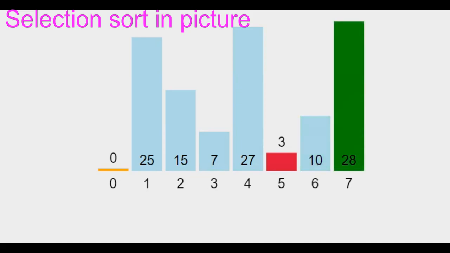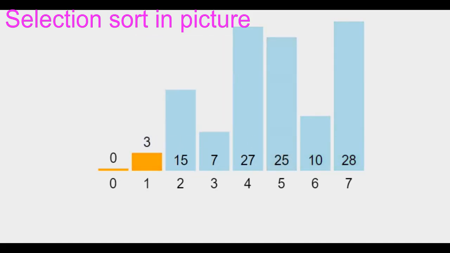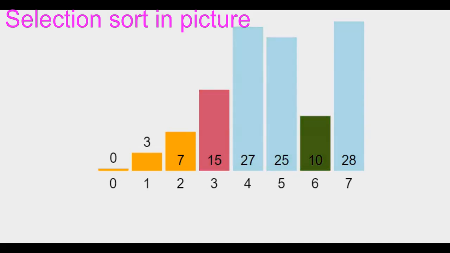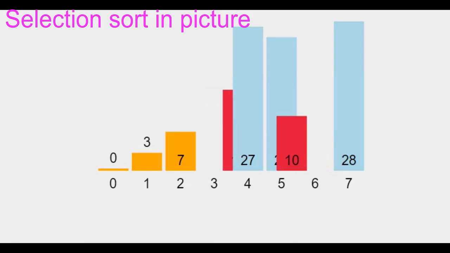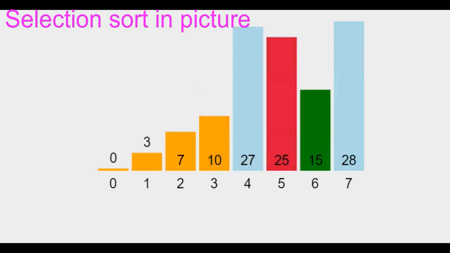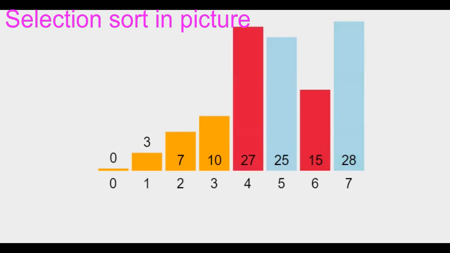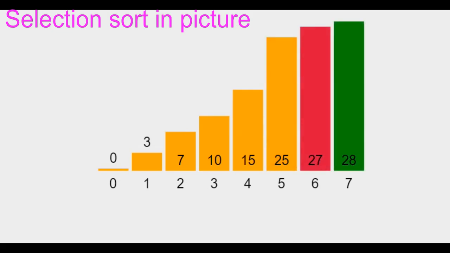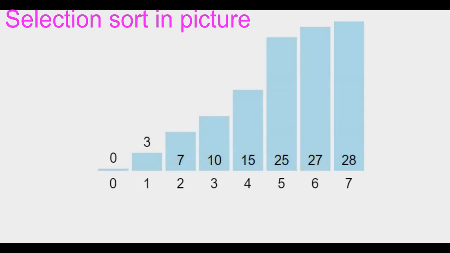It goes and checks, now it swaps. Now 2 is the minimum element. This is how it works in a selection sort. Now finally everything is sorted.